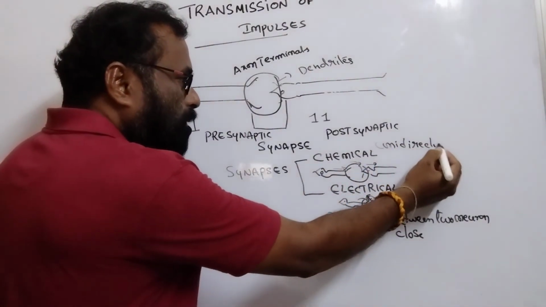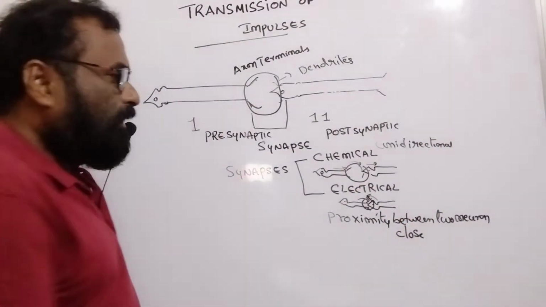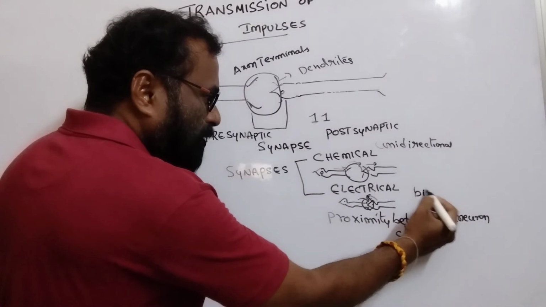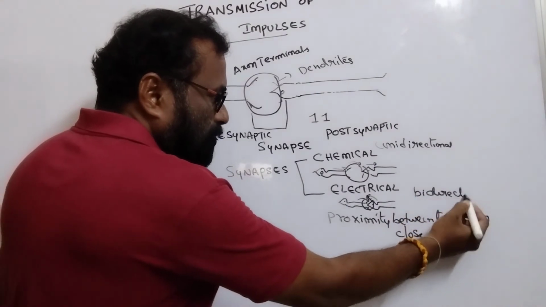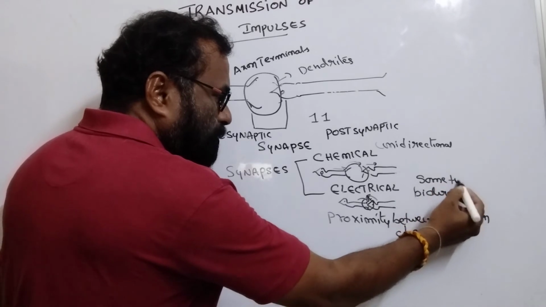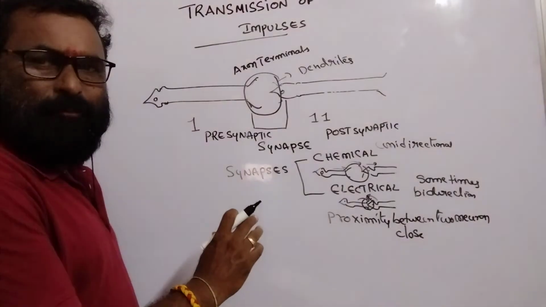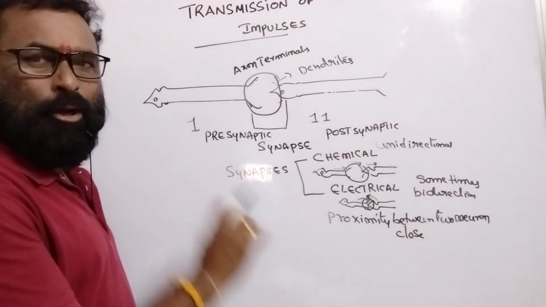In an electrical synapse it may sometimes be bidirectional. These types of synapses are seen very rarely in human beings.